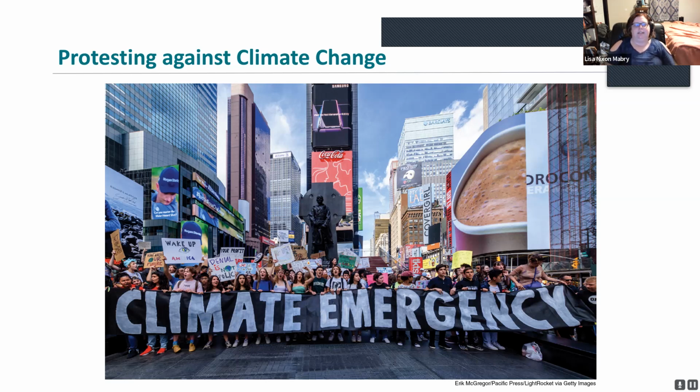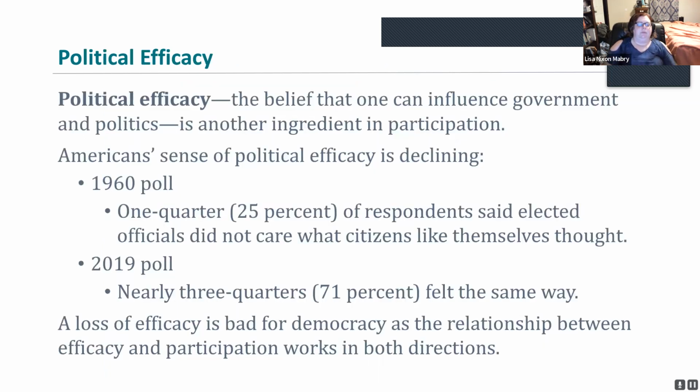That's just like one example of, you know, 1,000 different ways that people protest, right? And it's protected by our Constitution. It's part of our First Amendment right, the ability to peacefully assemble. So a lot of people don't realize that.